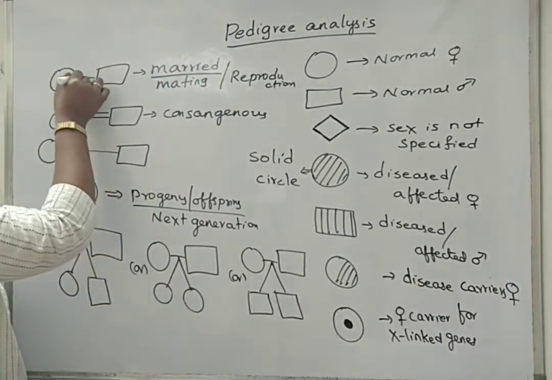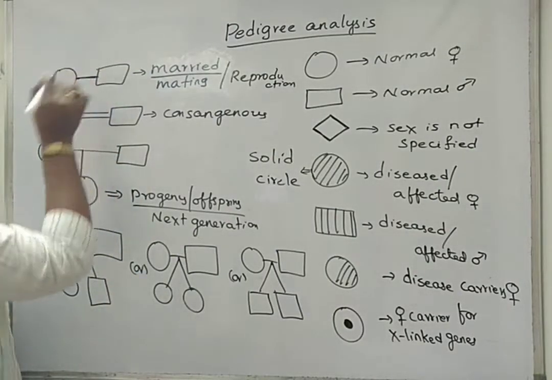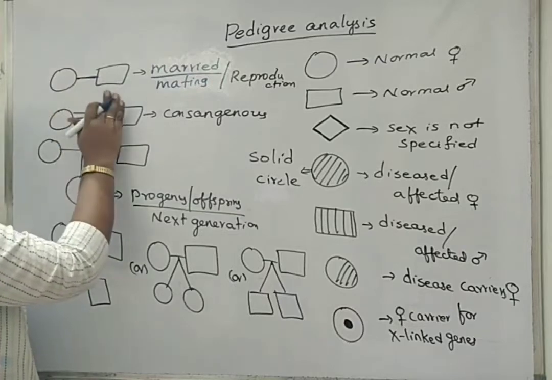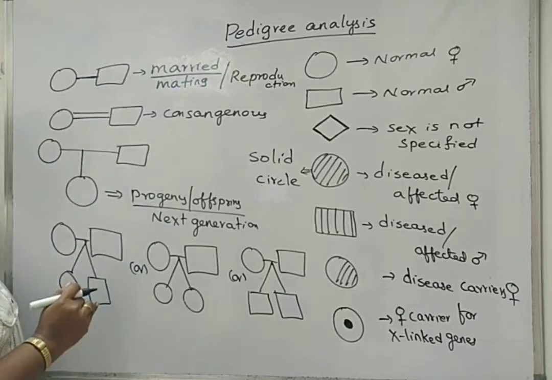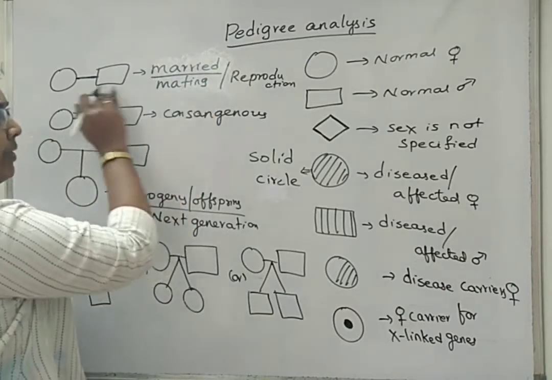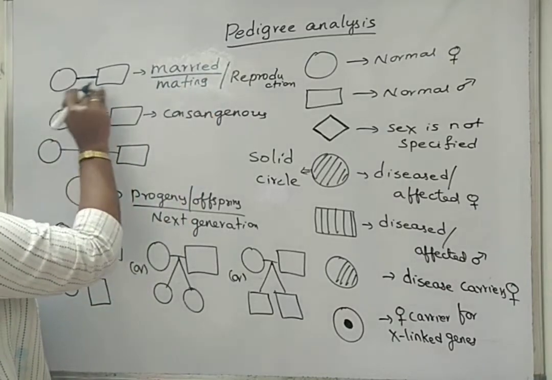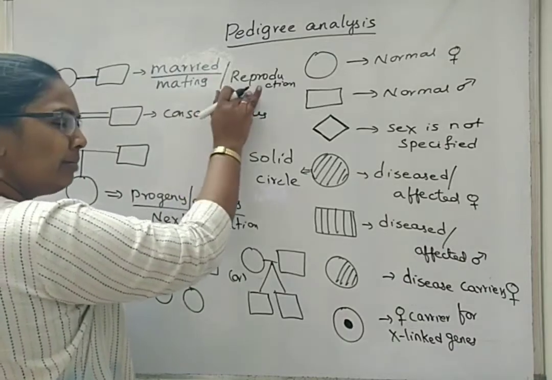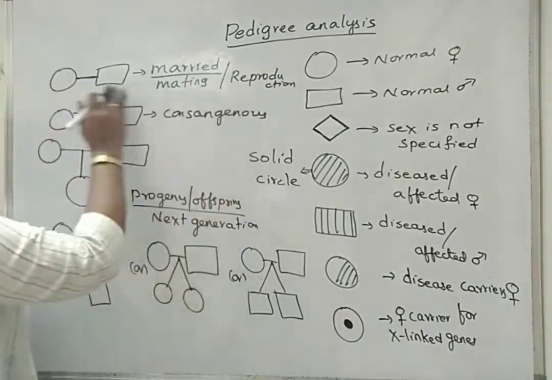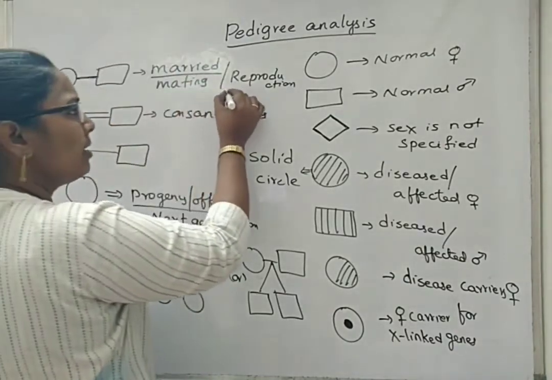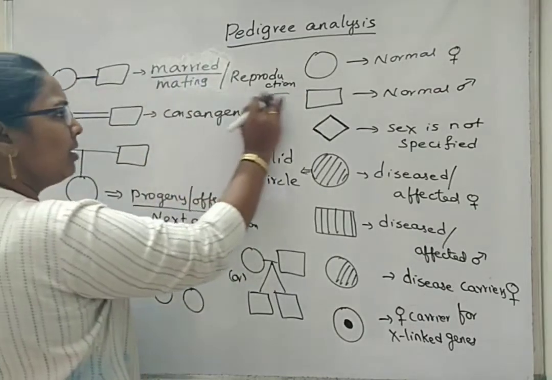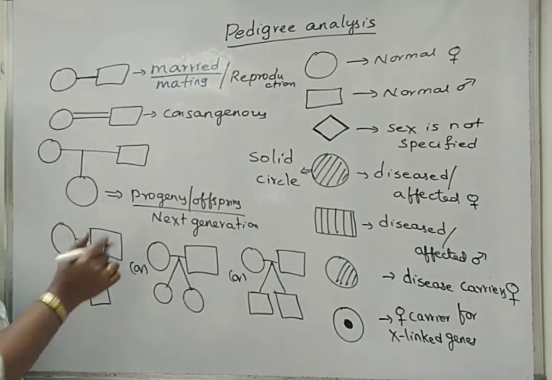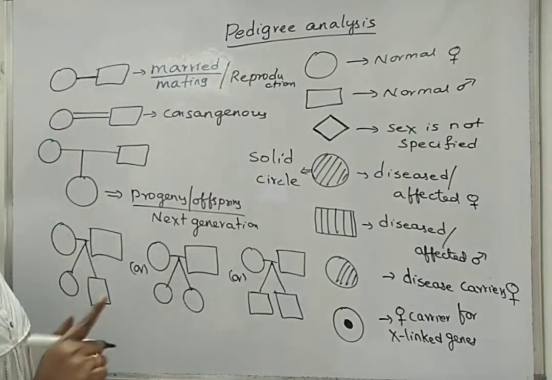Next, if the circle is horizontally connected with a square box without any shading, the chart is telling us about a married couple, representing mating between two persons, male and female. Sometimes, without giving this diagram, they will use a term like reproduction. We must be able to frame this normal circle and square box connected horizontally with a single line.